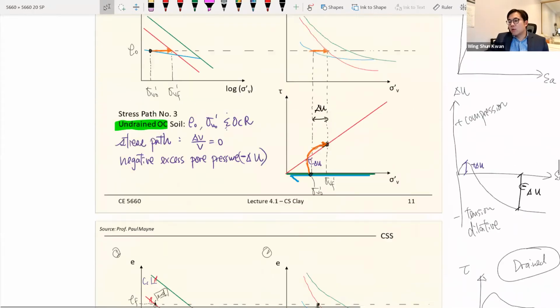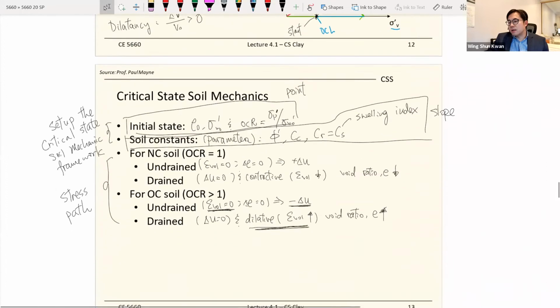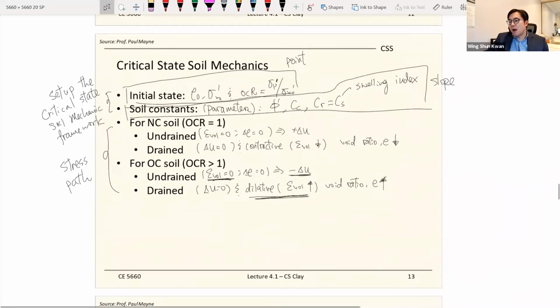So knowing all those parameters, the initial state, it helps you to form a point. And knowing the soil constants or the soil properties, which is the slope of the line, which is C sub C or C sub R. C sub C is the compression index for the normally consolidated line, and C sub R is the recompression index for the overconsolidated line.